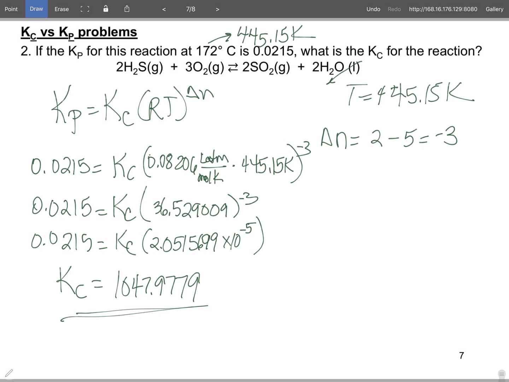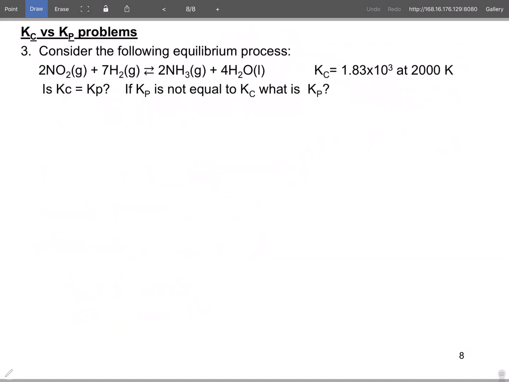I will tell you how many digits to report it to on the exam. Okay? But that was a simple Kp to Kc. Now, on the next one, you're given a Kc, and the question is, is Kc equal to Kp? If Kp is not equal to Kc, what is Kp? So what it really boils down to is what is delta N?